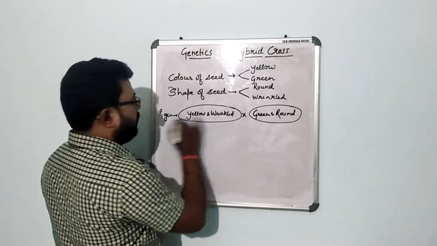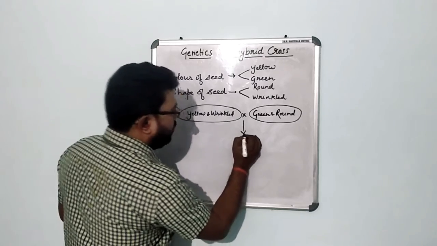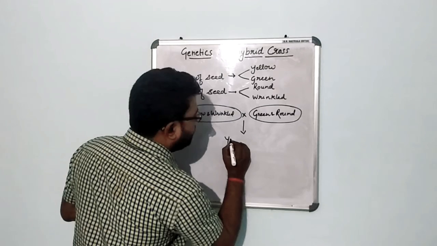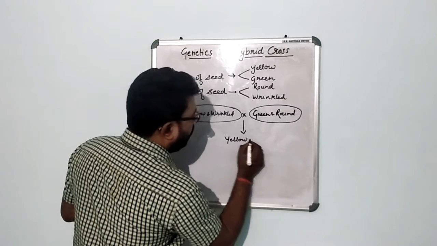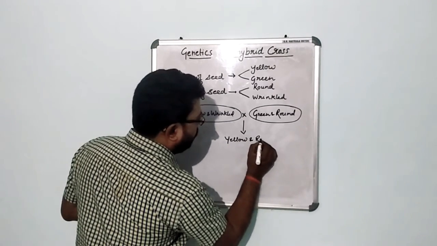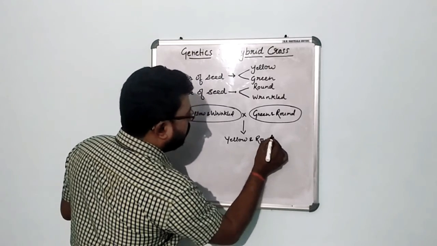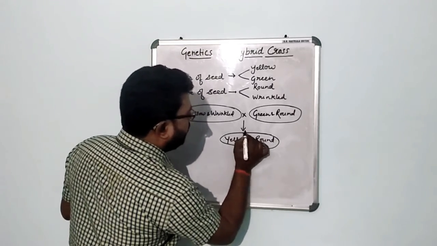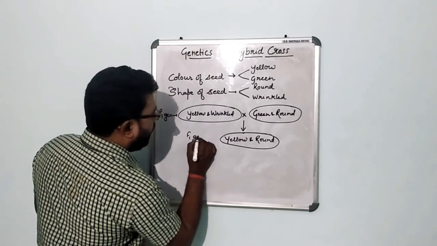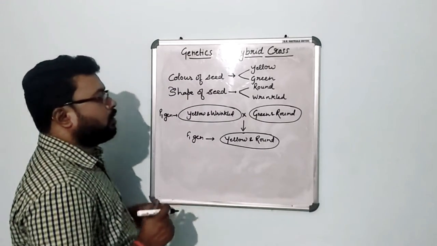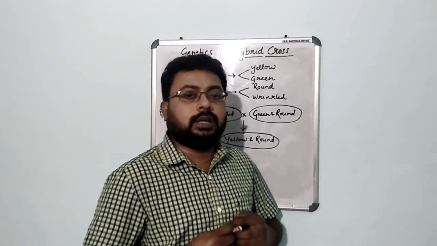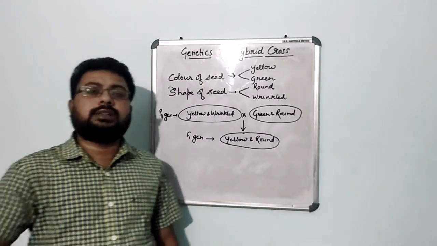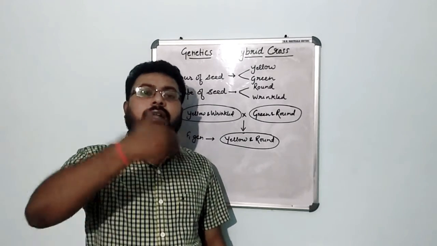And then in the F1 generation, what did Mendel find? Mendel found that all the seeds had yellow color and round shape. So all the seeds which Mendel got in the first filial generation had yellow color and round shape. So this established the fact that the law of dominance prevails at every step.